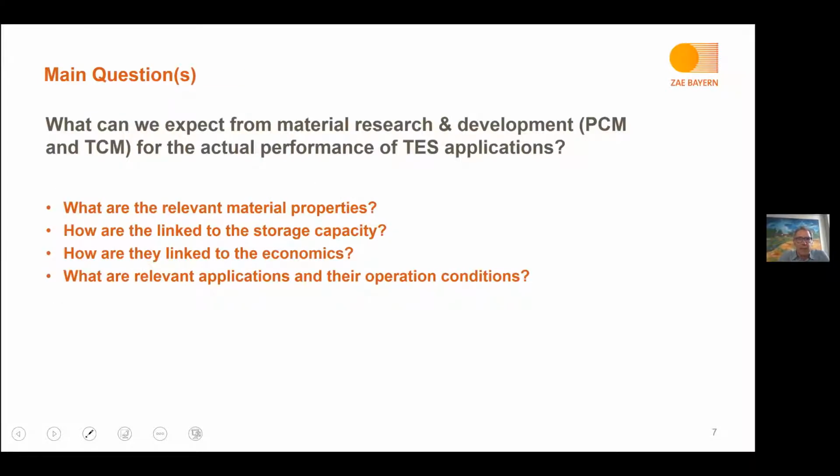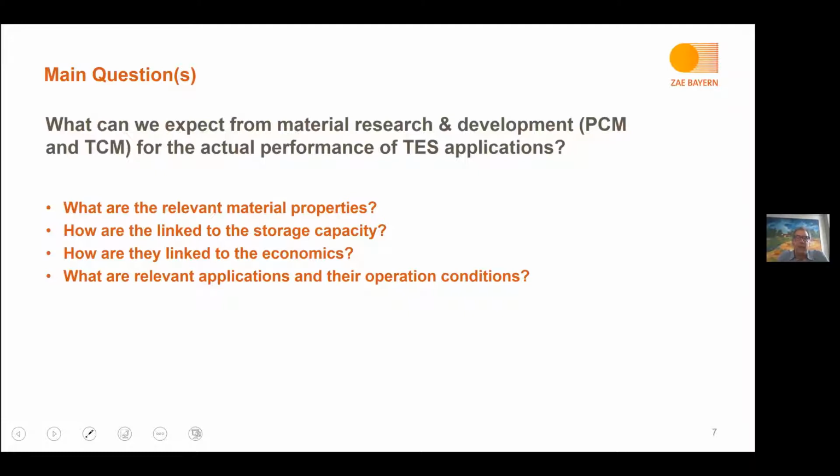So the main questions: what can we expect from material research and development, as I said, PCM and TCM, for the actual performance of these applications? We have to ask ourselves, what are the relevant material properties? How are they linked to the storage capacity, the energy density?